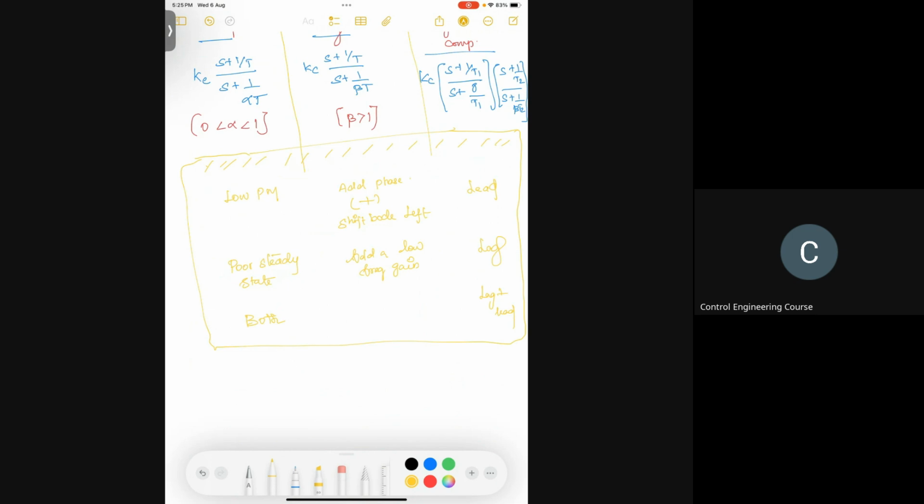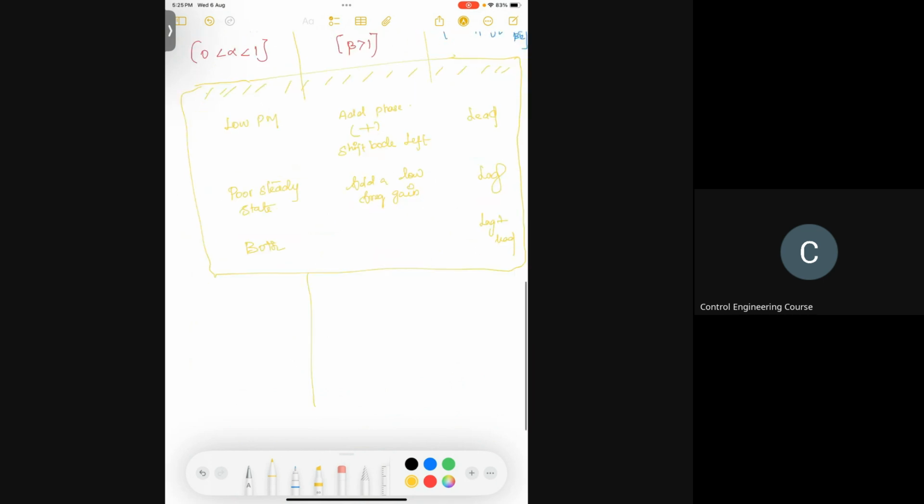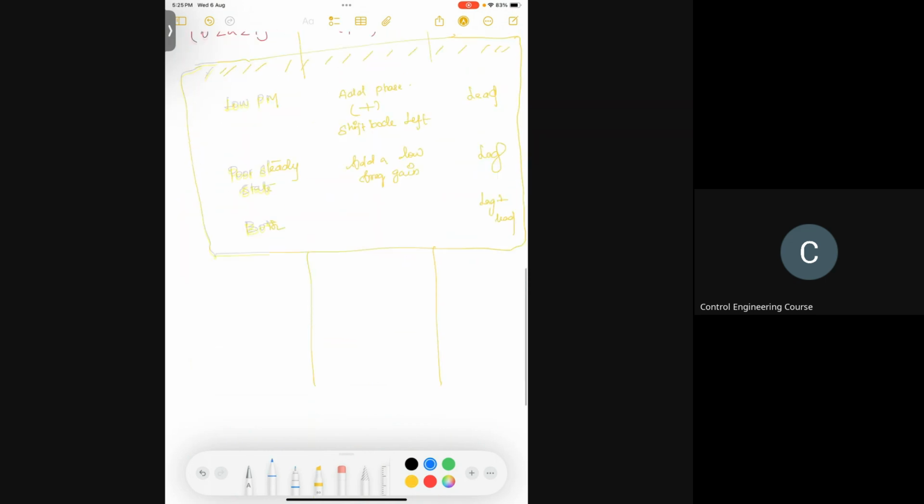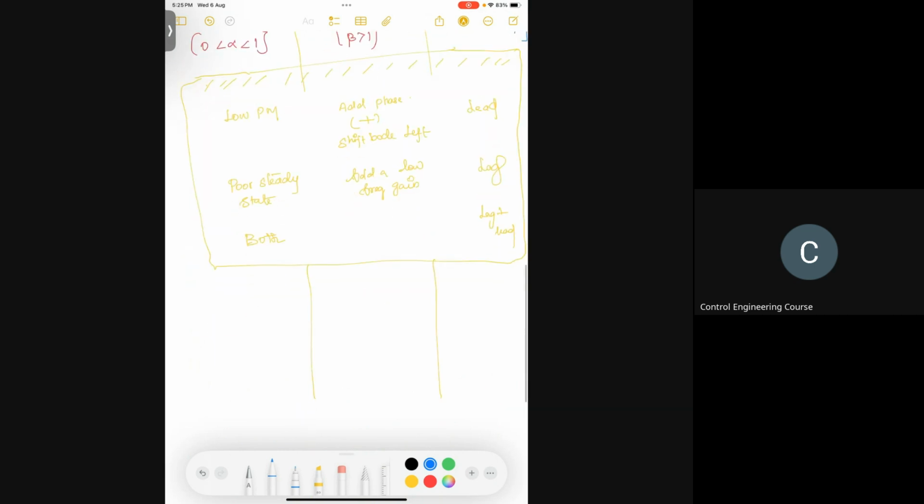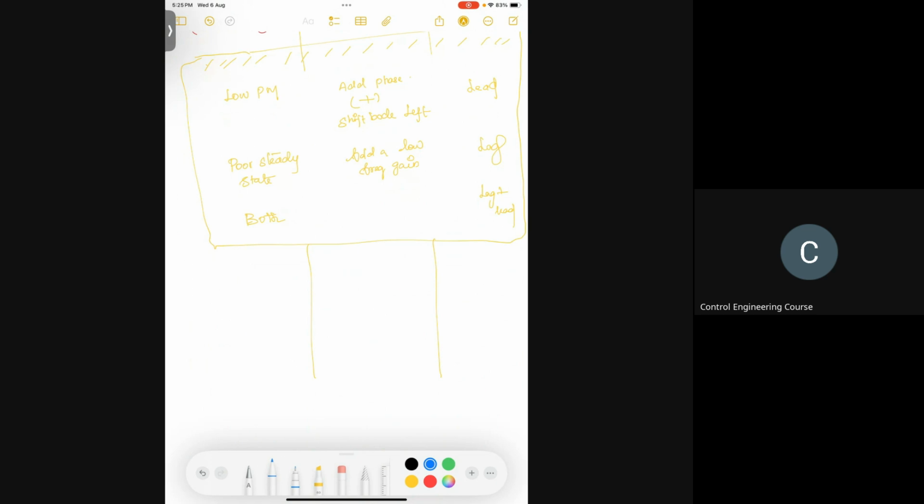Another thing I want to tell is the difference in how the lead and lag compensators would look. Here in lead compensation, as we always do, alpha is in between 0 and 1. For small values of alpha, like towards 0, the pole will be located very far from the zero.